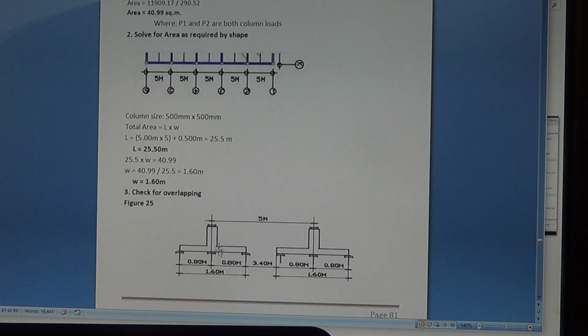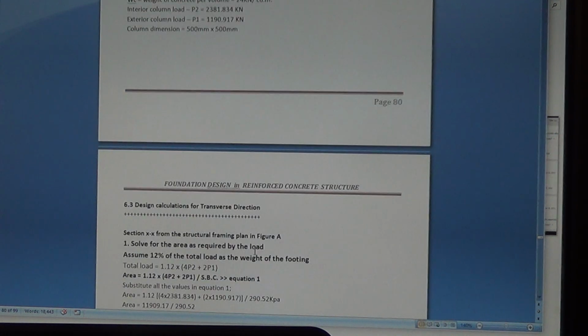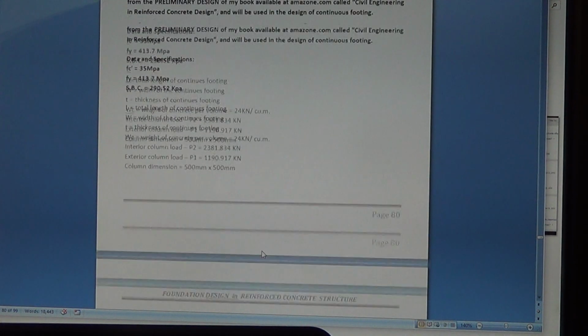These are the two rows of transverse reinforcement direction. You gotta check the overlapping. See, make sure these two projecting footings right here, both sides, don't overlap. You have to avoid overlapping between the two.